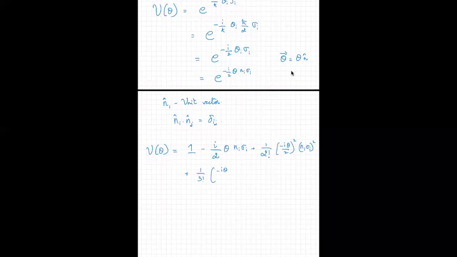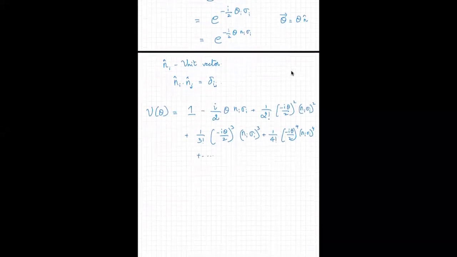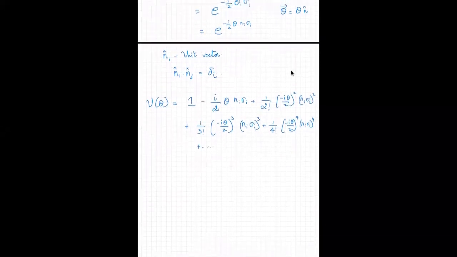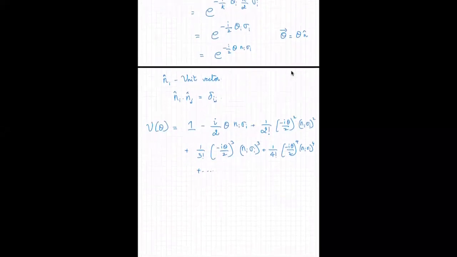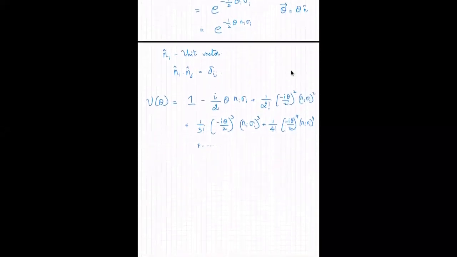Minus i theta over 2 cubed, (n_i sigma_i) cubed, plus 1 over 4 factorial (n_i sigma_i) to the 4, plus blah blah blah. Okay, I'll stop here because this is enough. Now this looks like a very difficult thing to do because we don't know what n_i is. I don't even know which direction I'm rotating around. But it turns out that I can actually evaluate this surprisingly in closed form. The reason is as follows.